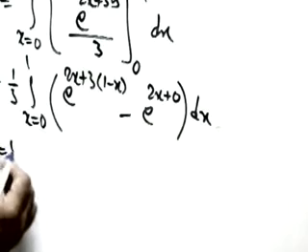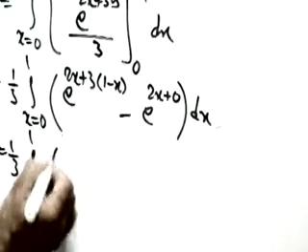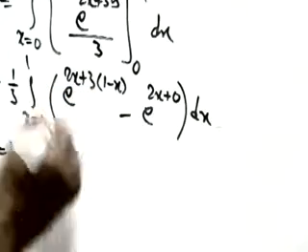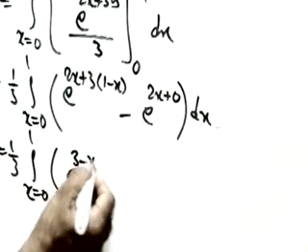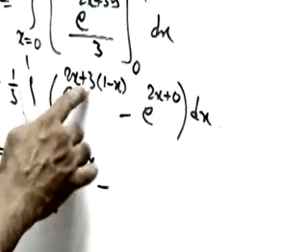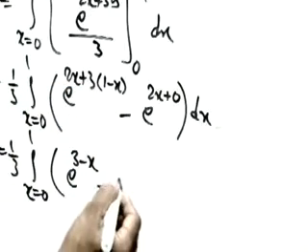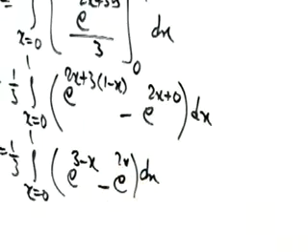So let me multiply this. 1 by 3 into integration x equals 0 to 1. Suppose if we multiply, you see here 3 ones are 3. Now 2x minus 3x will be minus x. Watch carefully, e to the power of 3, 2 into x, 2x plus into minus minus x is minus e to the power of 2x, dx.